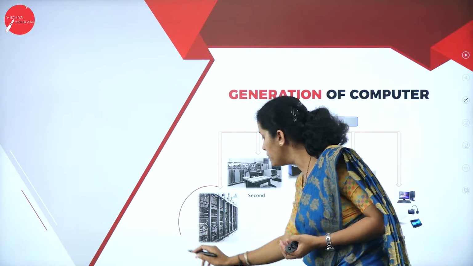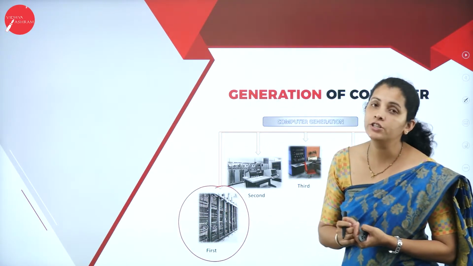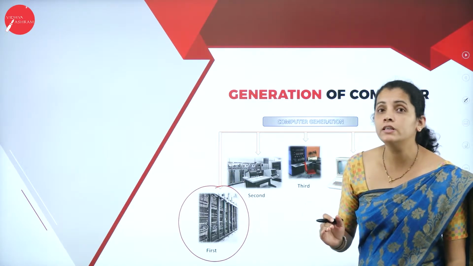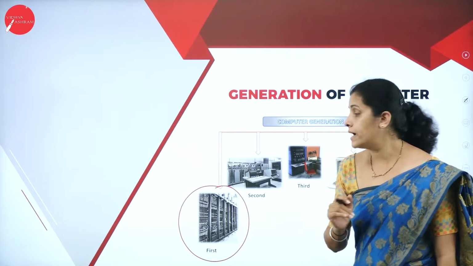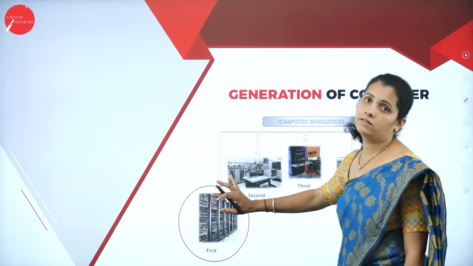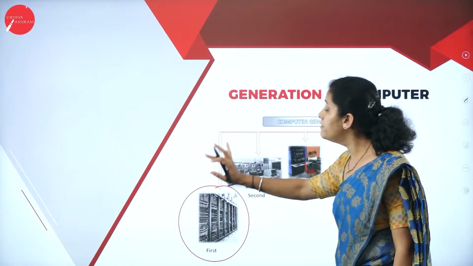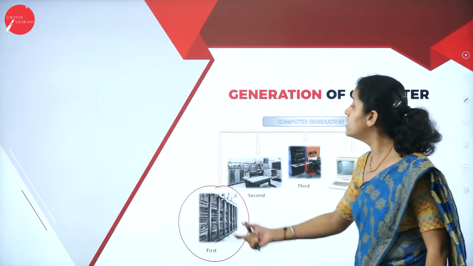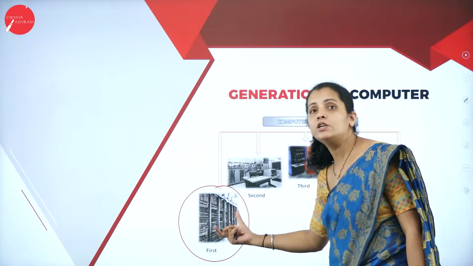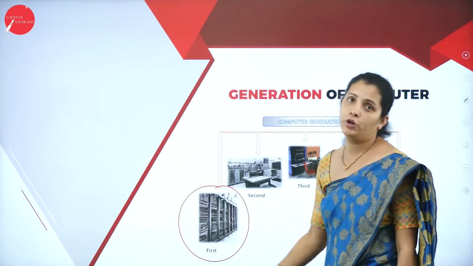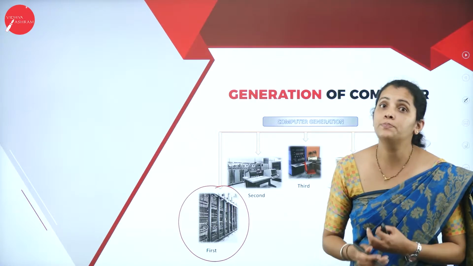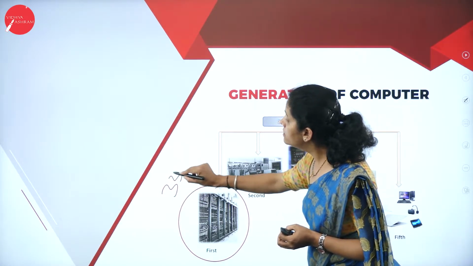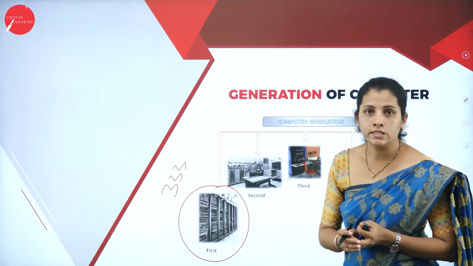So at the beginning we are going to have first generation computer, and the size of the first generation computer is very large and it produces excess heat and the device used here is the vacuum tube. That means the switching device used here is vacuum tubes, and the execution speed of these machines is 333 microseconds.